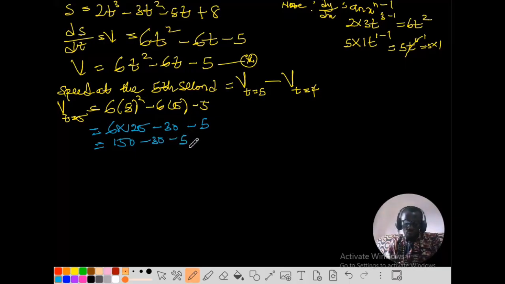So I'm going to have 150 minus 30 minus 5, and that will give me 115. That is the speed at t equals 5, in meters per second.